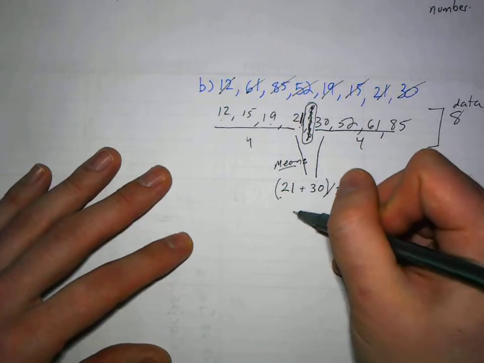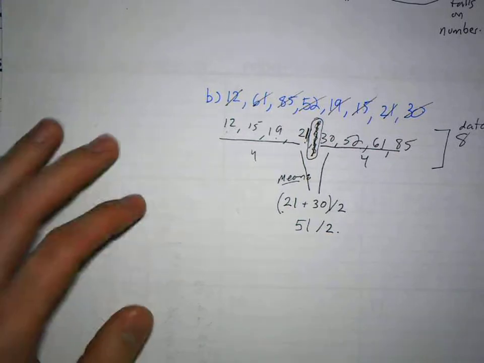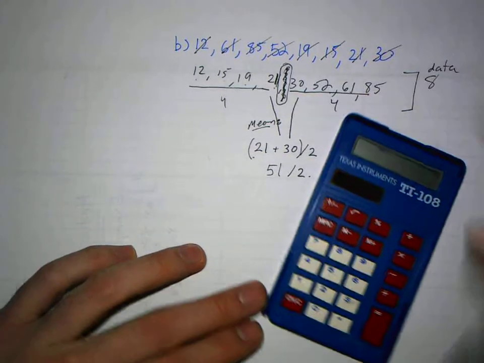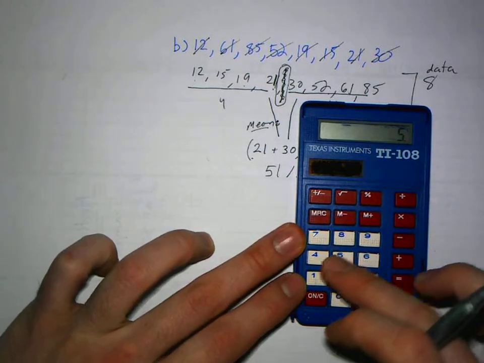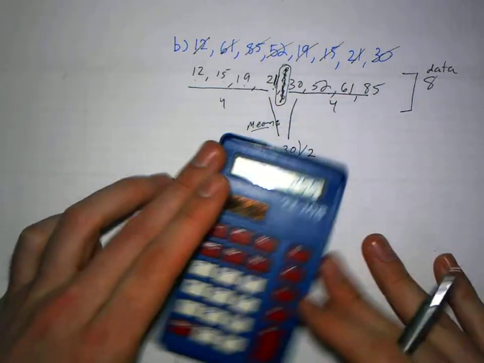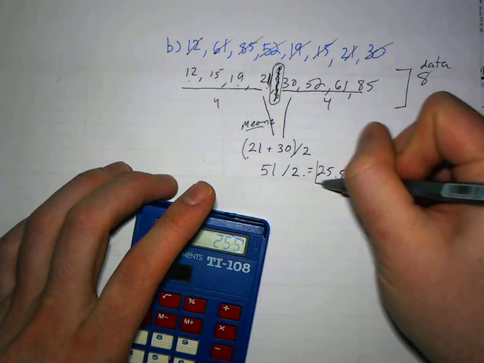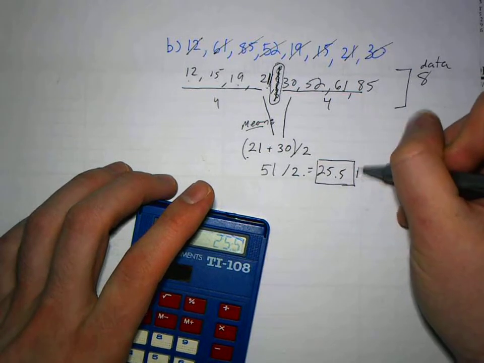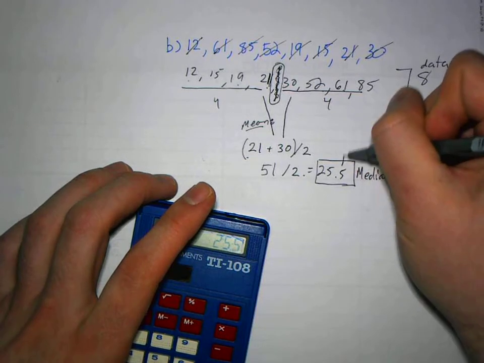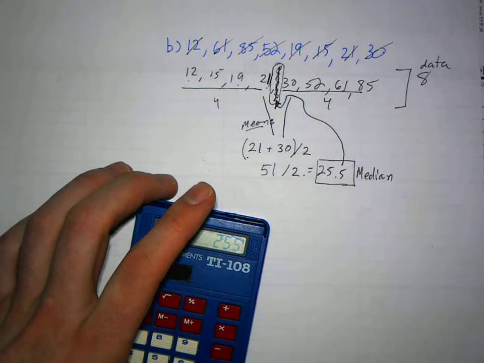That will give you 51 divided by 2. And when you calculate 51 divided by 2 using your calculator, it gives you 25.5. And so 25.5 is the median. It's this number that goes right there, just like that.